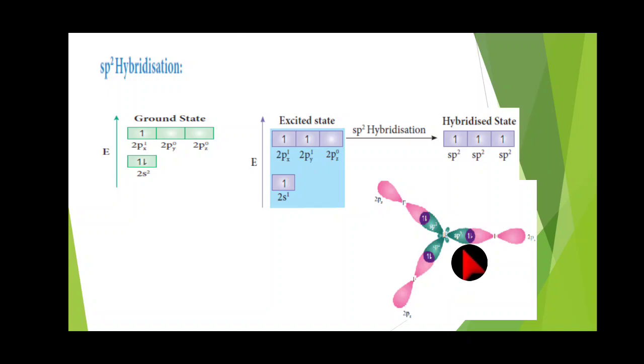These three sp2 hybridized orbitals of boron now overlap with the 2pz orbital of fluorine, three atoms, right? So 2pz of three fluorine atoms involved in bonding with the boron. They give sp2 hybridization.